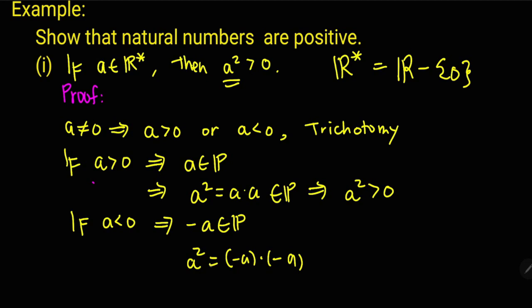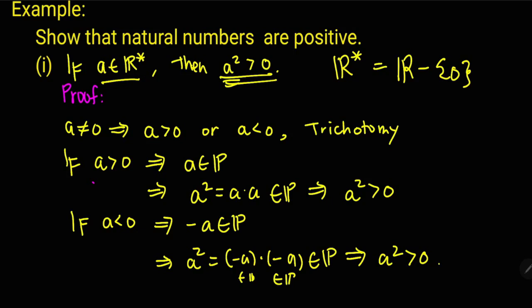So that means A squared must also be positive because it's the product of two positive numbers. This is positive, this is positive. So A squared is positive means, again, that A squared is greater than 0. So in any case, if A is non-zero, then A squared is greater than 0.